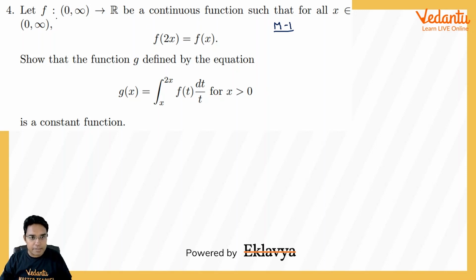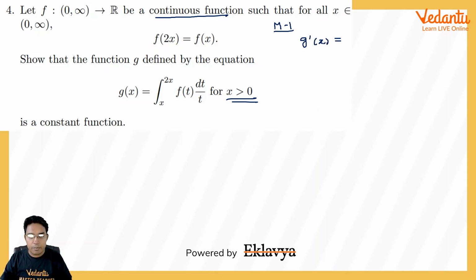Dear all, please understand, f is a continuous function and f(t) upon t will also be continuous for x greater than 0. So the integral of f(t) upon t will be differentiable, and we can differentiate it using the Newton-Leibniz formula.